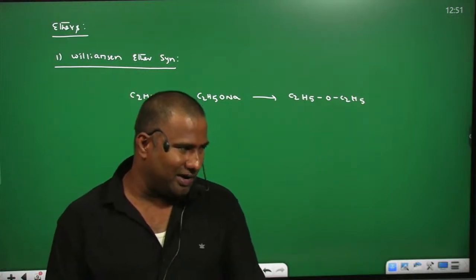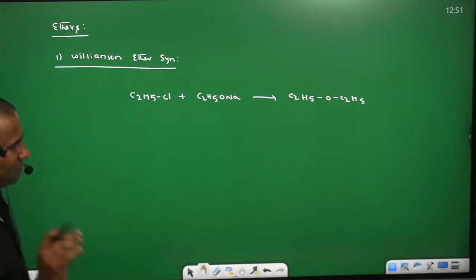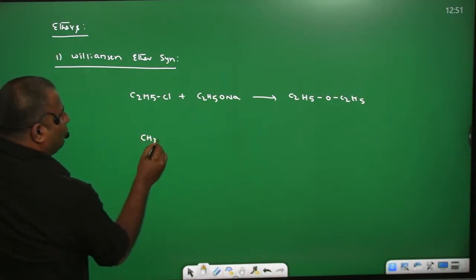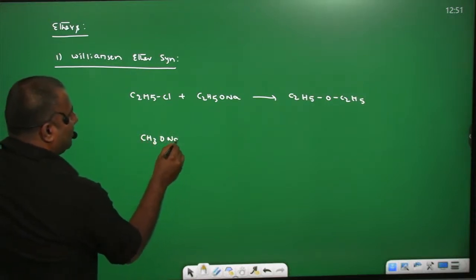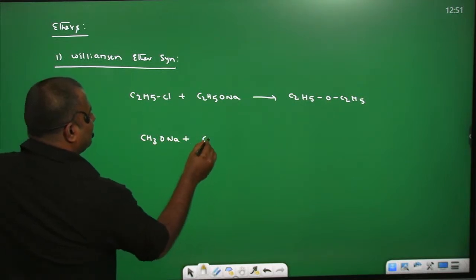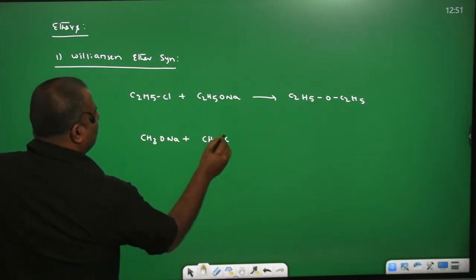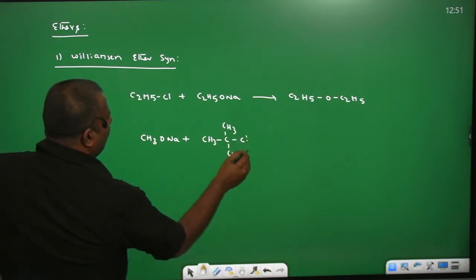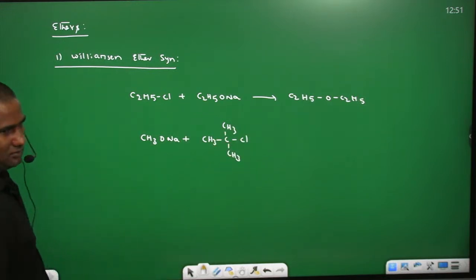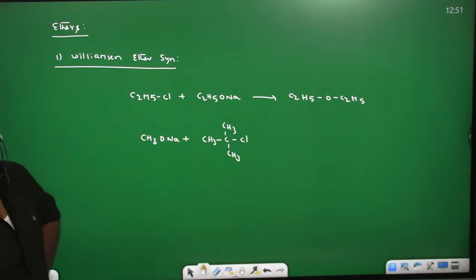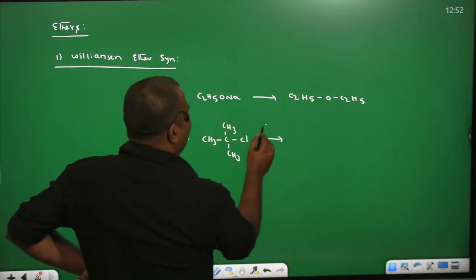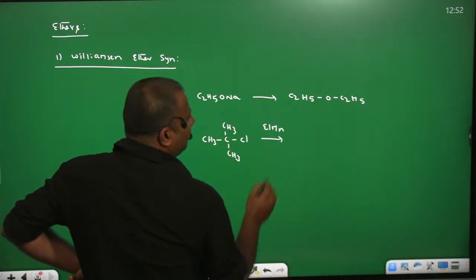For example, if I take CH3O Na and treat it with (CH3)3C Cl, in such a case, what will happen? No substitution reaction. Elimination is favorable.